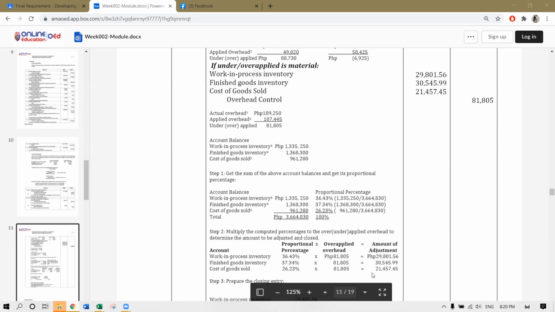So, because this is an over application, there is 29,801 over applied overhead.